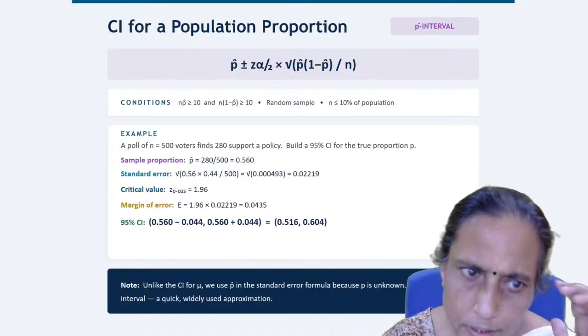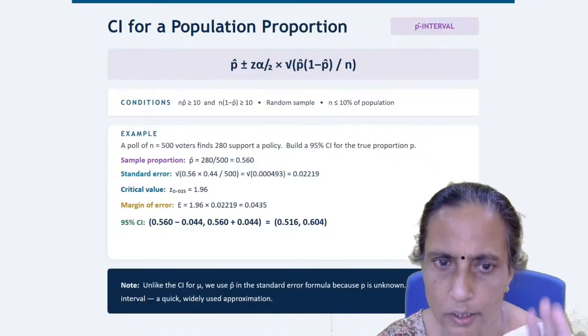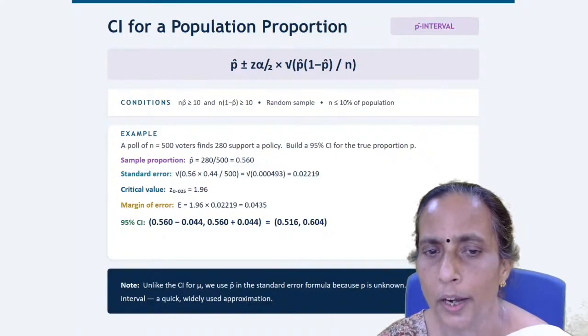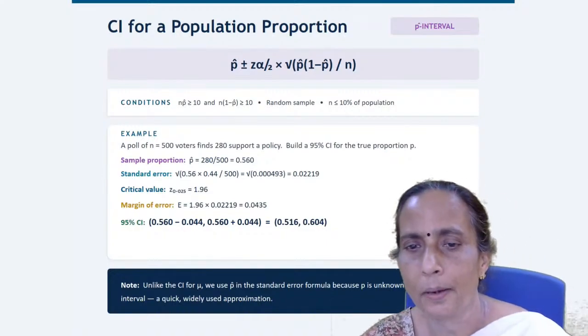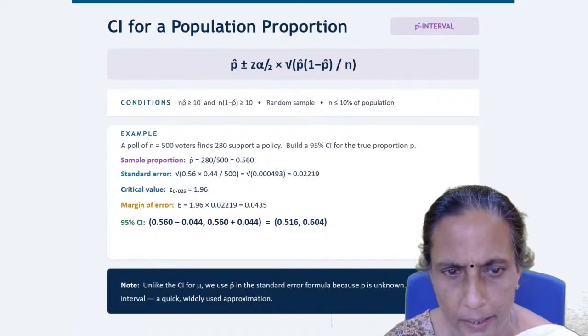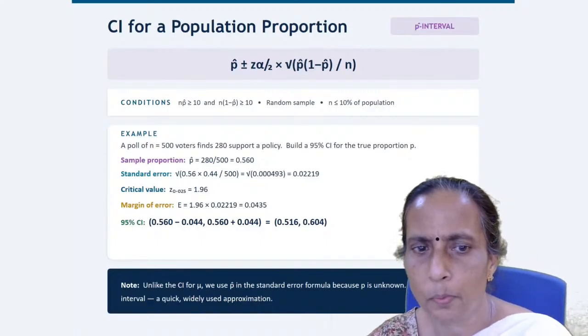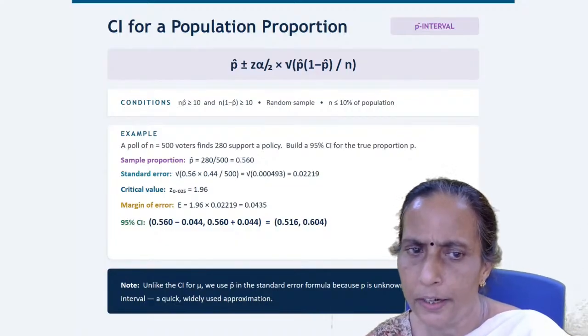Okay, so for example, a poll of n = 500 voters finds that 280 support a policy. Build a 95% confidence interval for the true proportion p. Okay, so the sample proportion p cap is equal to 280 divided by 500.